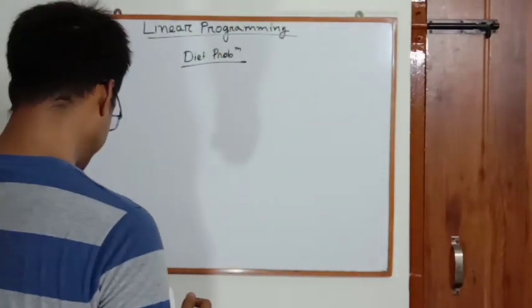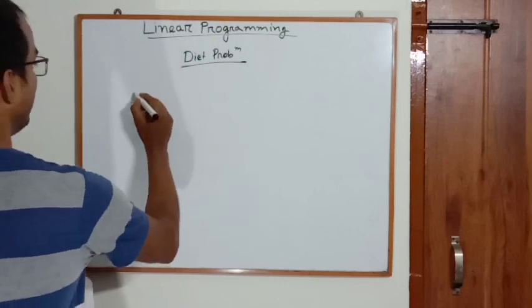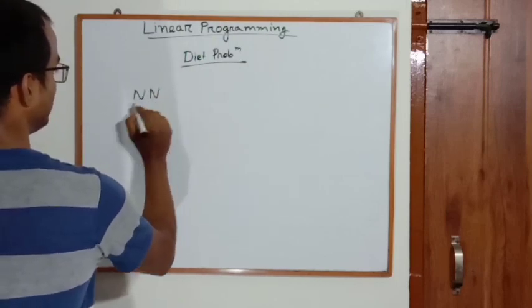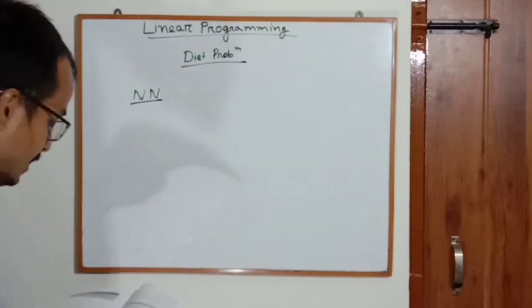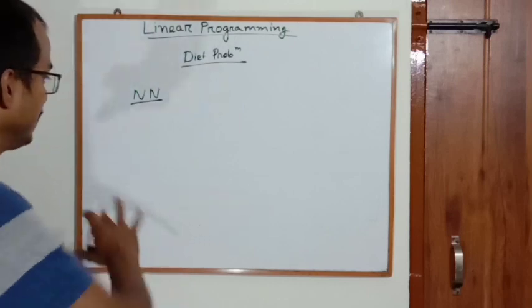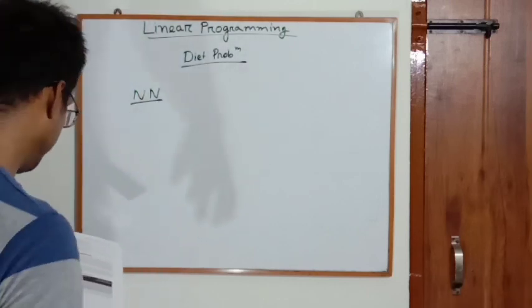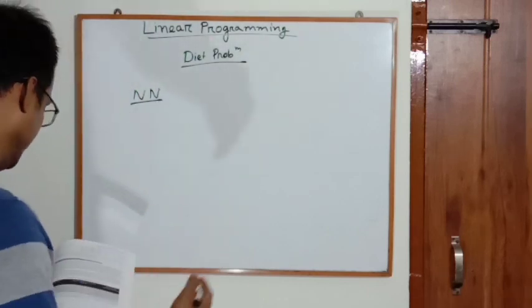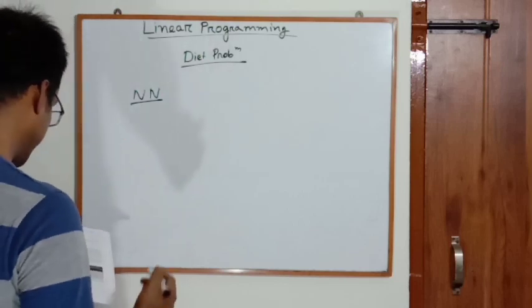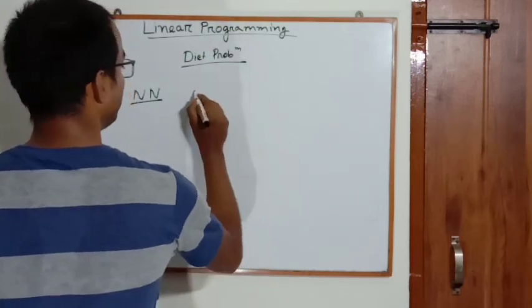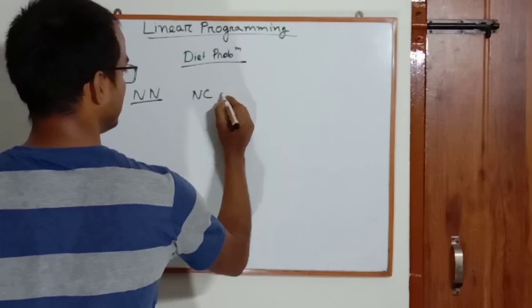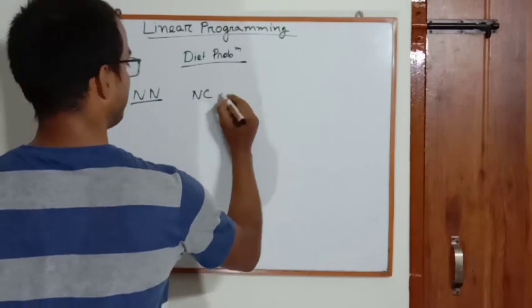So say the names of the nutrients. What are the nutrients required? I am just formulating the problem, that's why I am writing it in short. We'll be solving the problem in detail. Nutrient contains per unit of food.